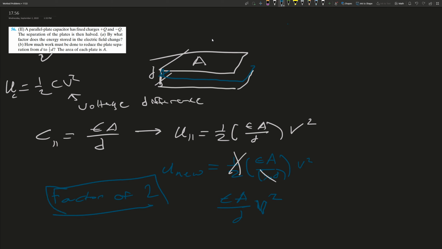Okay. Now, part B is related to part A. It asks how much work must be done to reduce the plate separation from D to 1/2 D. In other words, some external force is doing work on this capacitor to push the plates that distance, and we want to know how much work it'll take.